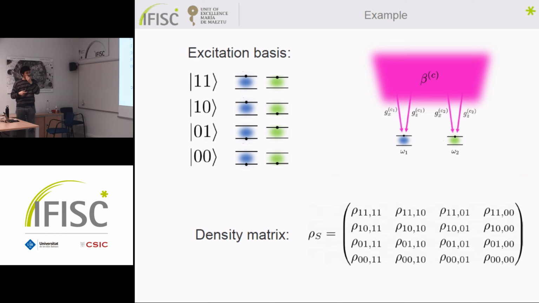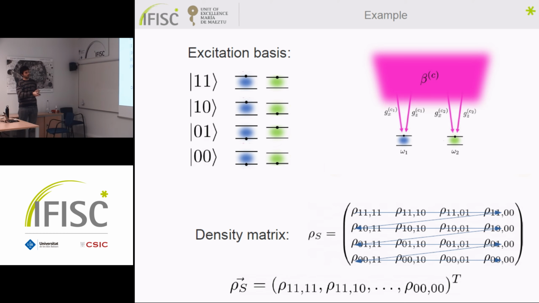Now I said that I need to write the Liouvillian superoperator as a bigger matrix acting on the density matrix. You see, the density matrix has 16 elements, 4 times 4. So what I do is what is called the row order, something like that. I write these 16 elements as a vector like this.